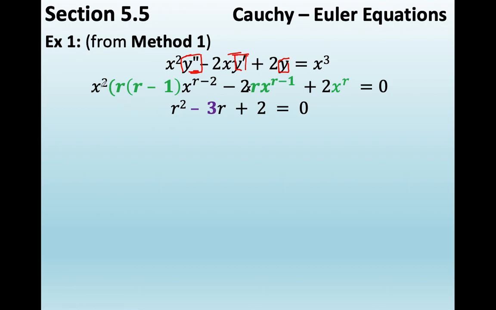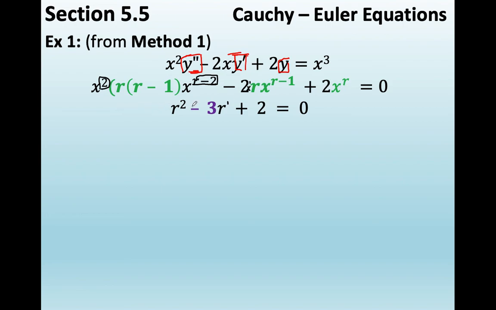Right? And remember, this x squared multiplied with this x to the r minus 2 just left me with an x to the r. This x to the first times this x to the r minus 1 left me with just r times x to the r. And then this was 2x to the r.